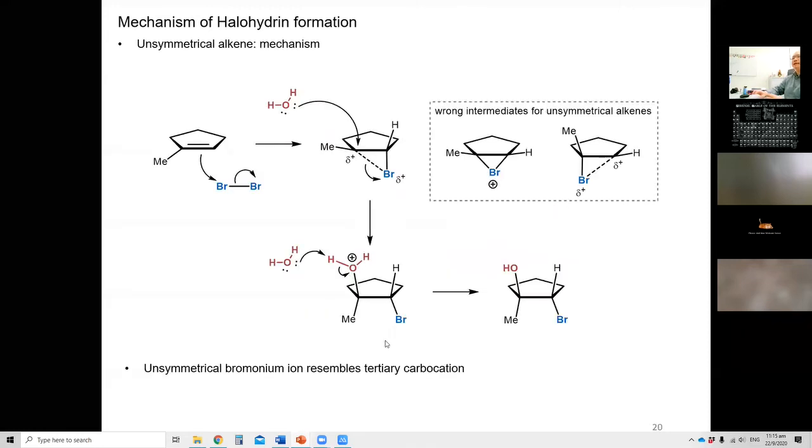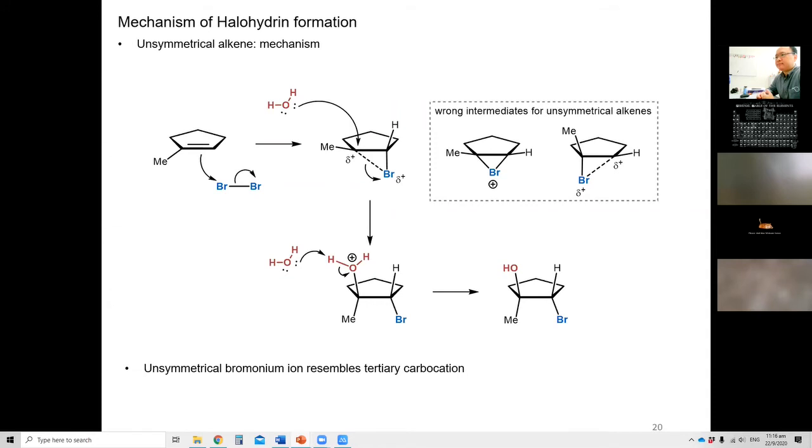So what happened? Okay, what we found out is that with the unsymmetric alkene addition to bromine, it's not really a bromonium ion that is symmetrical. It's actually a bromonium ion that resembles a tertiary carbocation. If you see an unsymmetric alkene, and it adds into bromine, it will generate something like a three-membered bromonium ion, but it's not exactly three-membered.